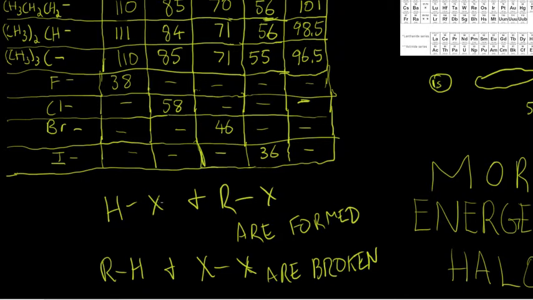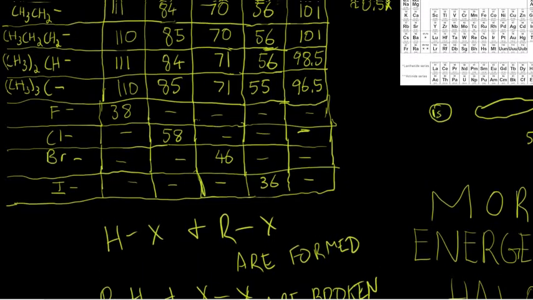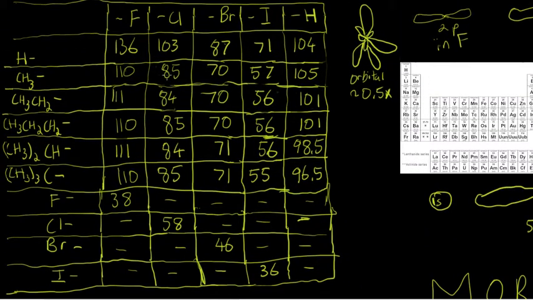And because the HX and RX are formed, when you actually look at the thermodynamics of the reaction, this bond will contribute to a release of energy, as will the formation of these RX bonds here.